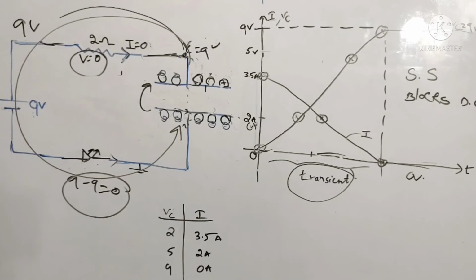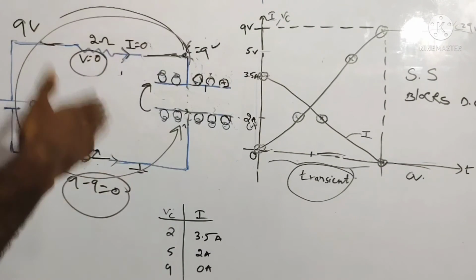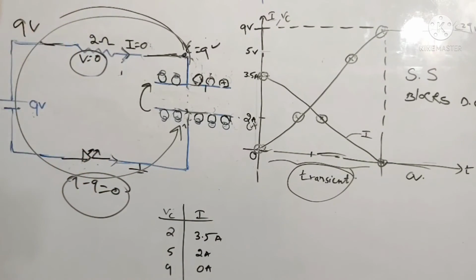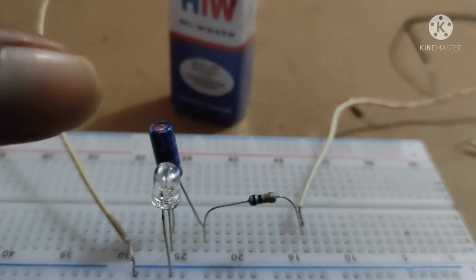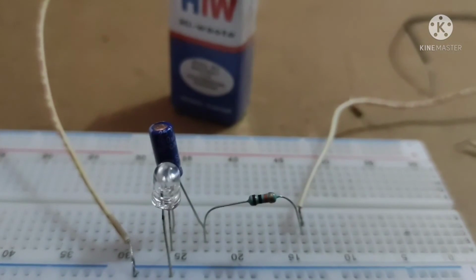As I mentioned earlier, I am going to show you a practical example. Keep up with me. This is the charging circuit that we discussed. You can see a resistor connected in series with a capacitor, and it is in series with an LED.